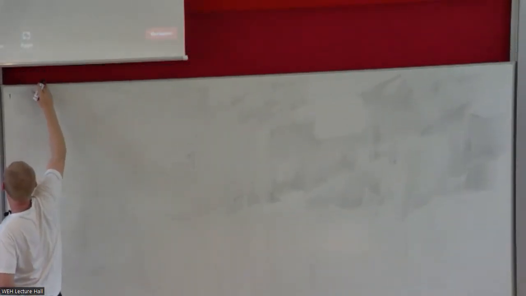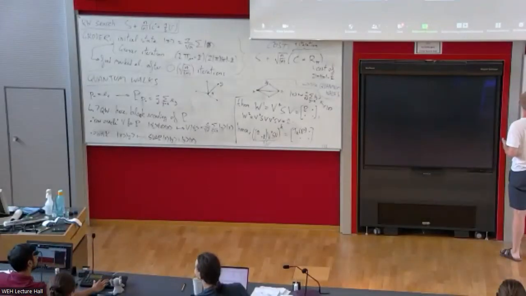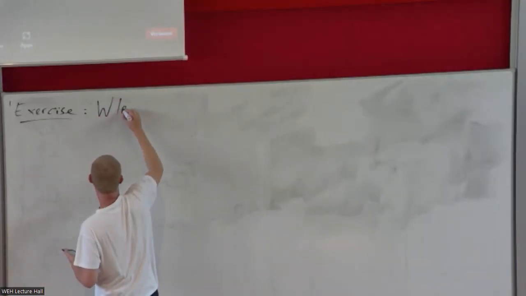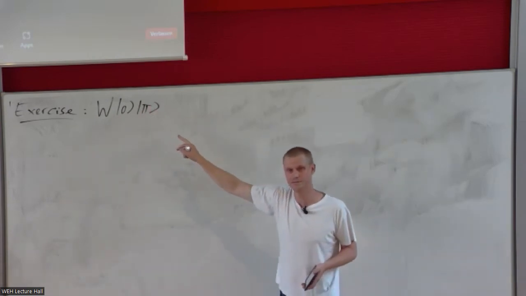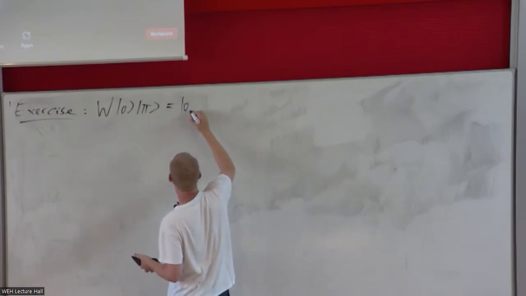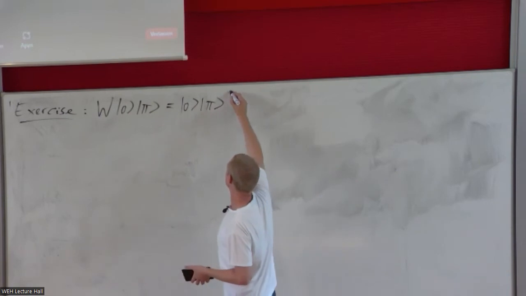Okay, so what you can do as a relatively simple exercise now, but let's not do it now, is you can see that if you start from the 0 with this pi state here, then it's also an invariant state for our quantum walk. So this is not so hard to prove.